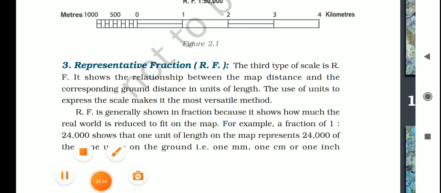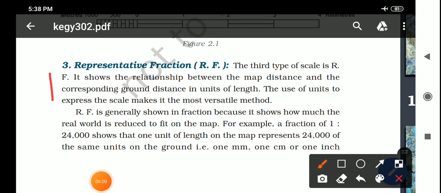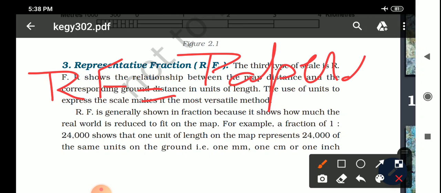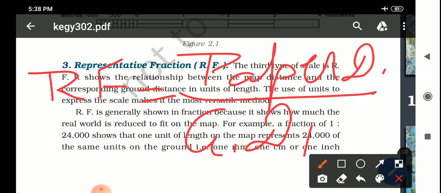If I tell you the formula, we use RF is equal to paper distance by ground distance. To keep it simple and easy to understand, it is paper distance over ground distance.